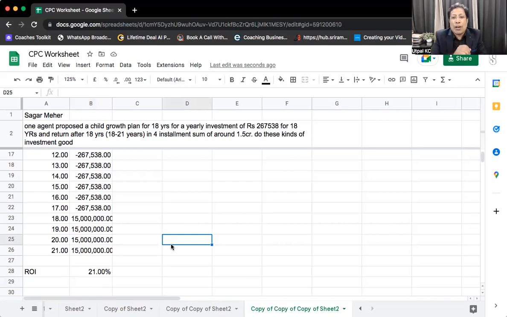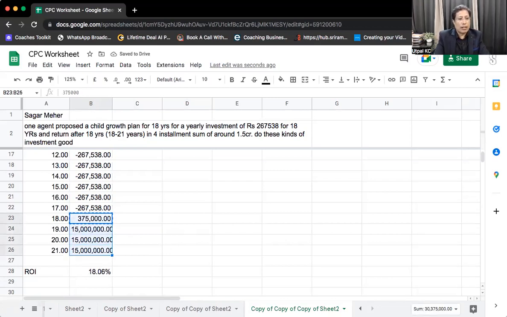FV is only 1.5 crores. Is it like that, Mr. Meher? Is it 1.5 crore distributed over 4 years? Okay, 1.5 crores, how much is it? 37,50,000.